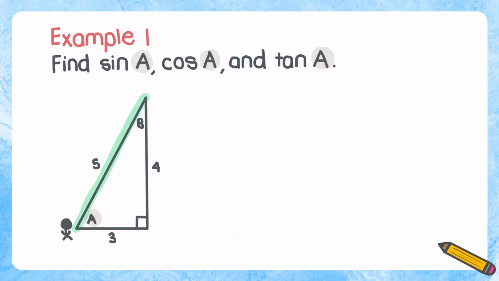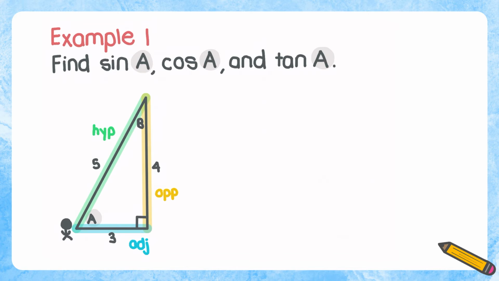I know that this side is my hypotenuse since it's across from the right angle. I also have the opposite side, which is across from where I'm standing, and the adjacent side. This is the side right next to where I'm standing.